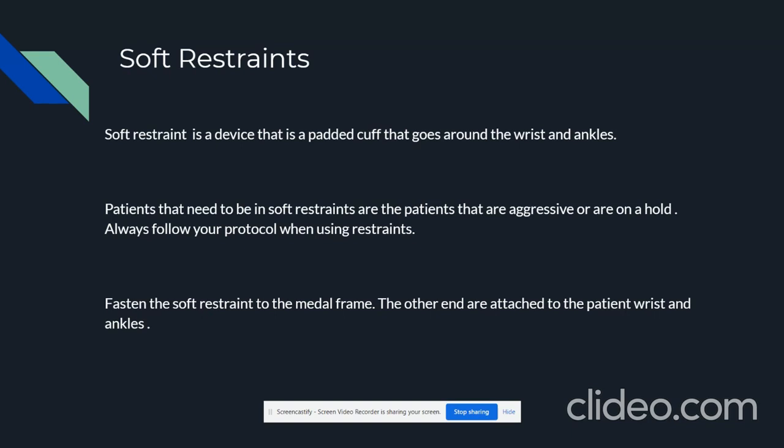To fasten the restraints to the metal frame is the most appropriate way to do that. There are 2 ends to the restraint, so the one goes to the frame, the other one attaches to the patient's wrist or ankles. What you're dealing with determines how you would proceed with this.